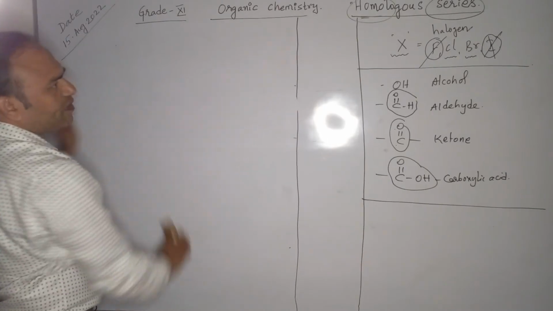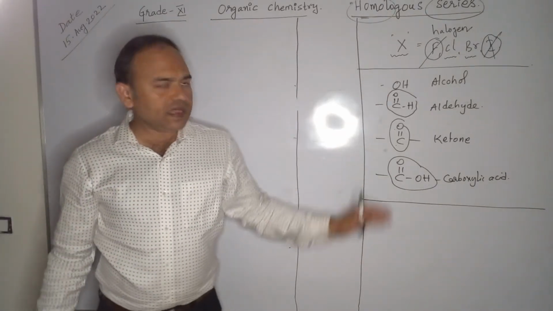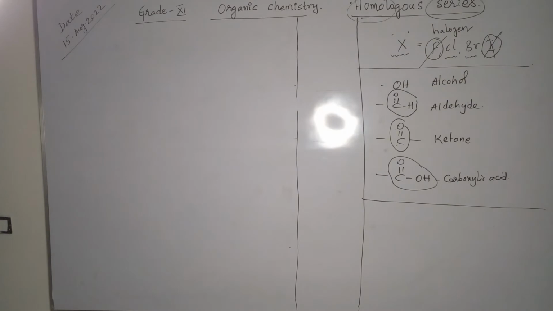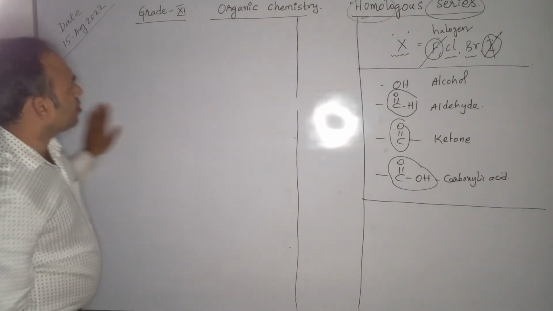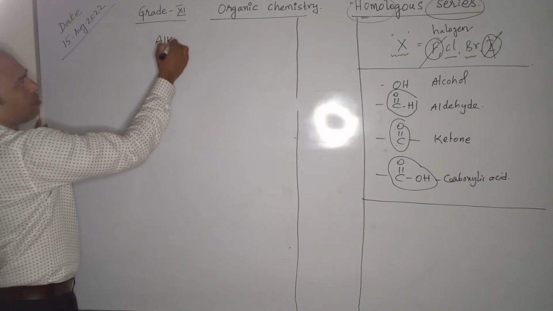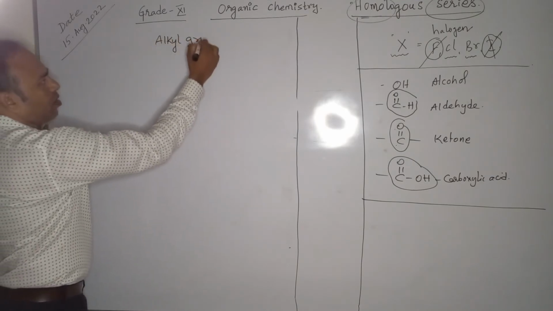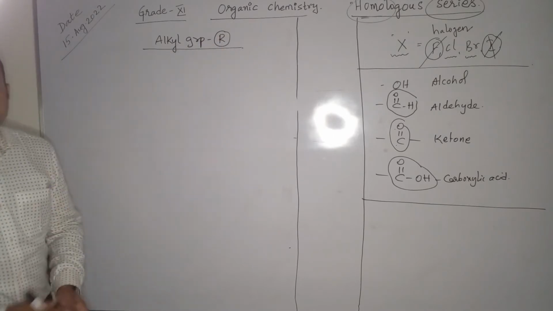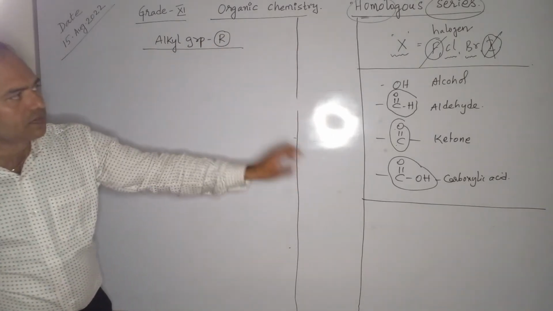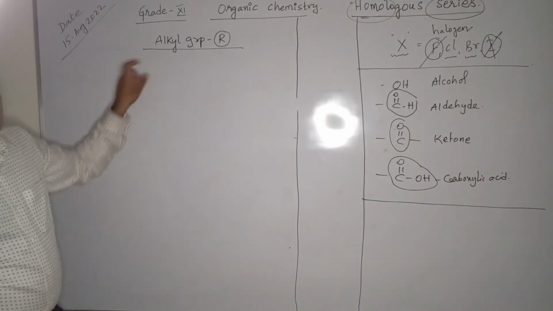First, let us take halogen, then we can take the remaining functional groups also. Before you write this, you need to know what is meant by alkyl group, that is R. If you know that, easily you can put the functional group to the alkyl group.